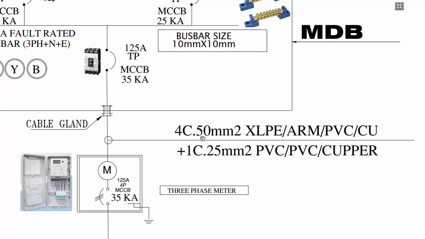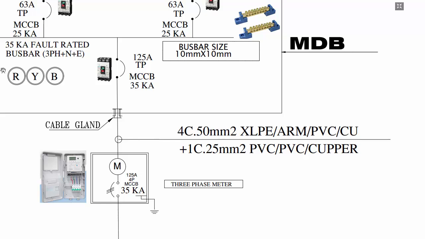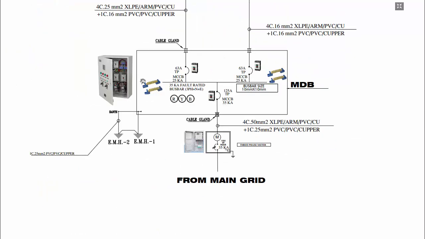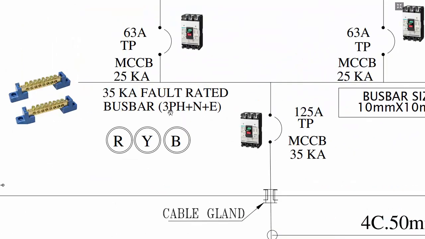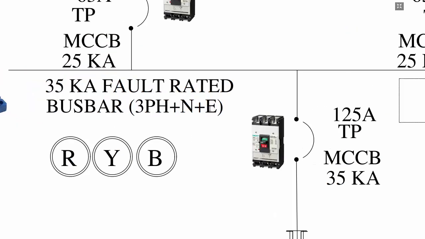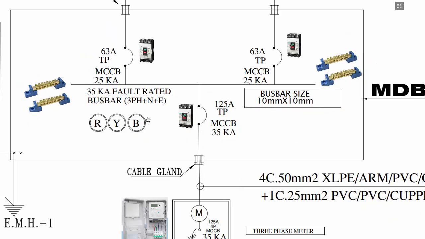And this 4C means 4 core. How do we have these 4 cores? One phase, two, three phases, one neutral wire. Here you have three phases, one neutral wire, and one grounding and earthing wire.